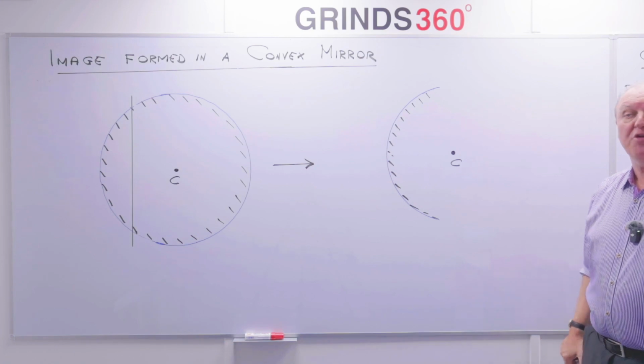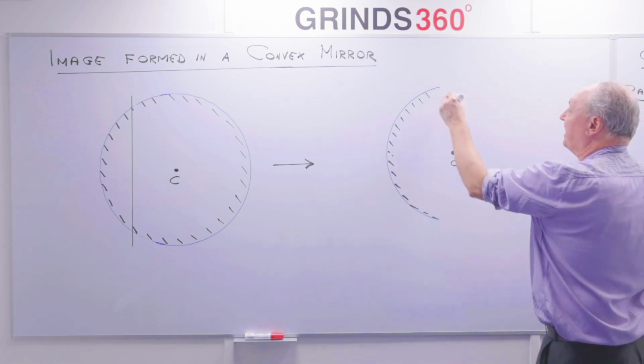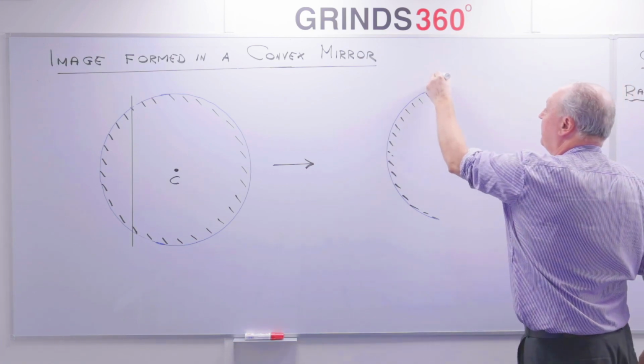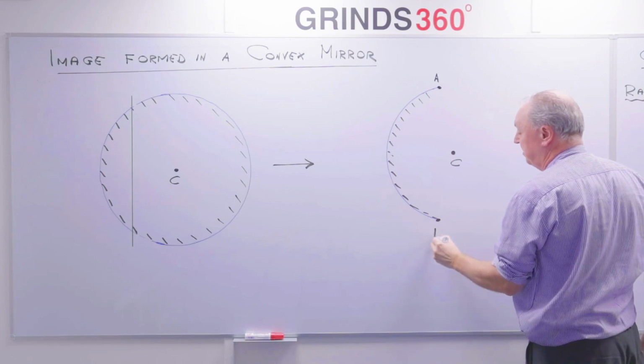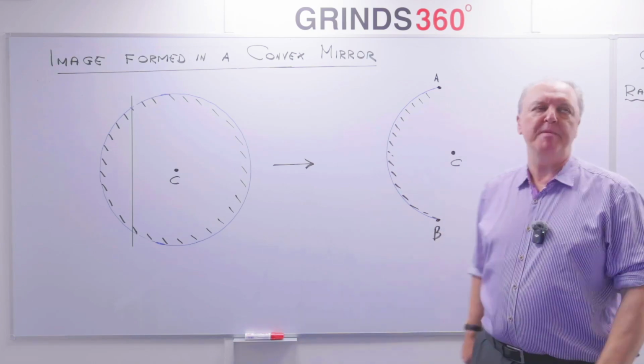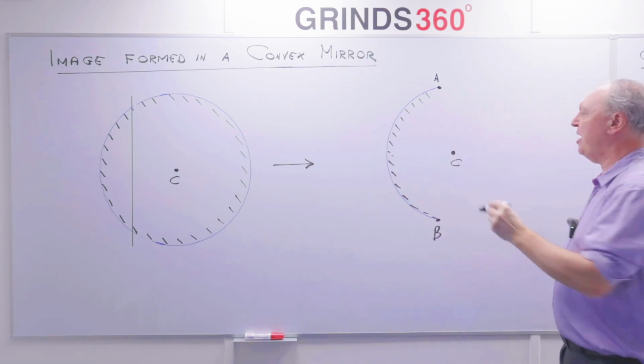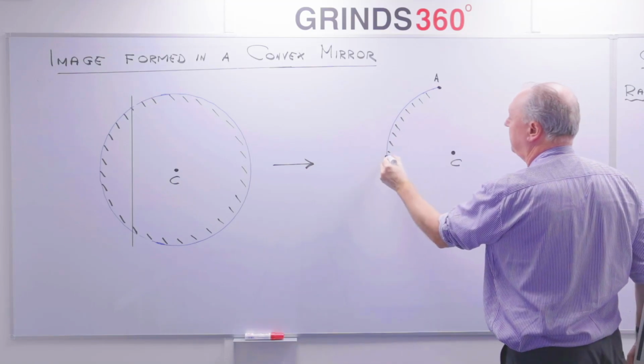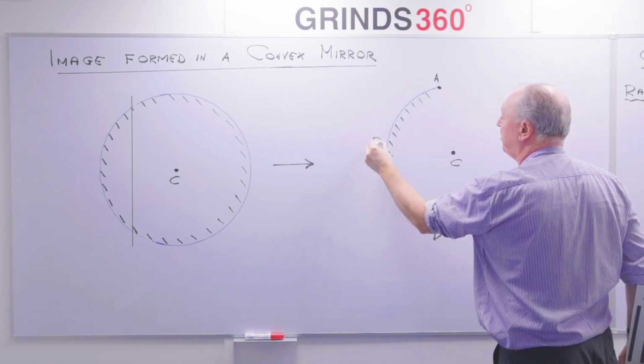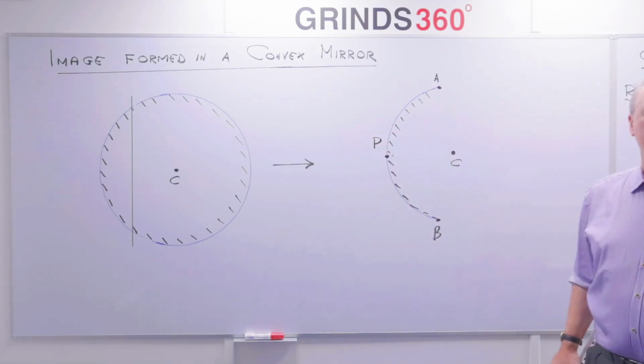Once again, we'll go through the definitions. The entire length of the mirror, from A down to B, is called the aperture of the mirror. If I go halfway down there, I get to a point called the pole P of the mirror.